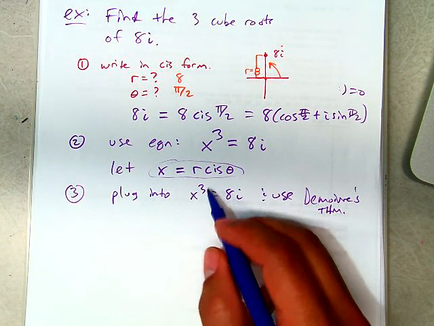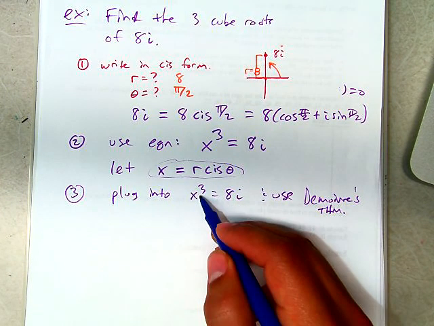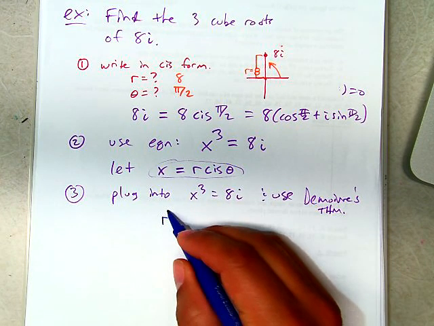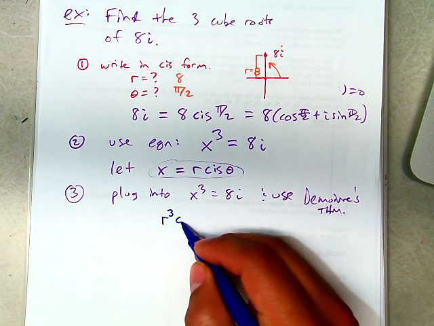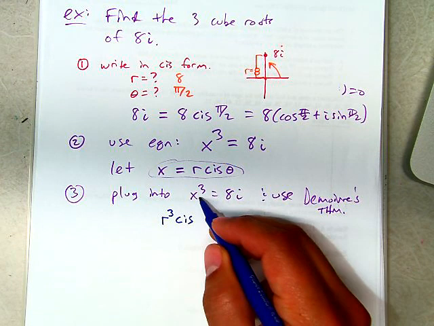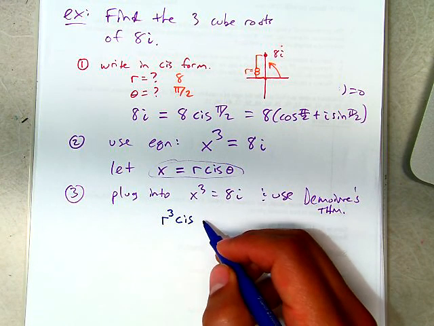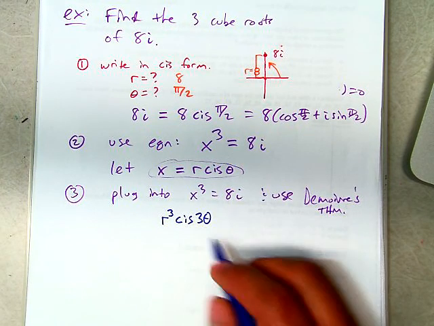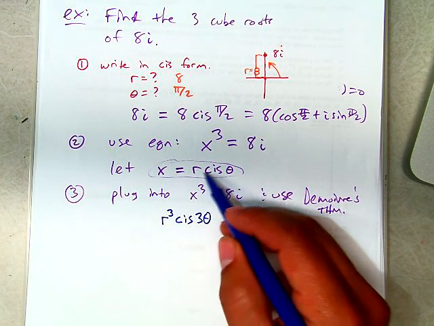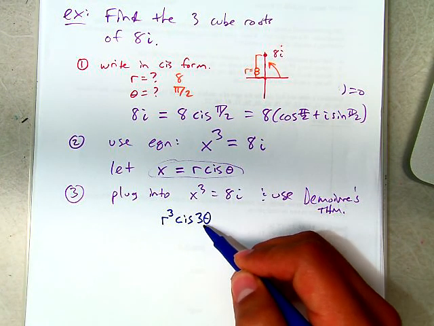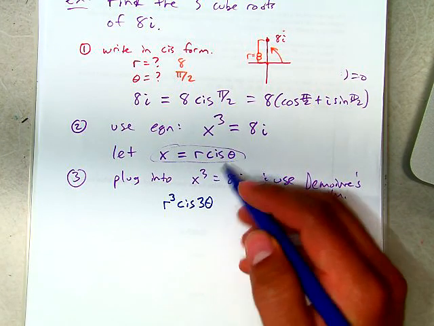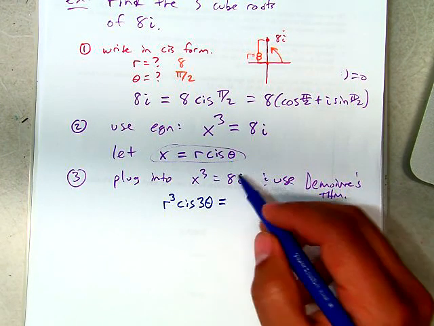Those of you that were here Friday, what do I do with the radius when it's cubed? So it's r cubed. And what happens to the angle when I cube it? Good, we multiply it by 3. So DeMoivre's theorem tells us that it's going to become r cubed CIS 3 theta.